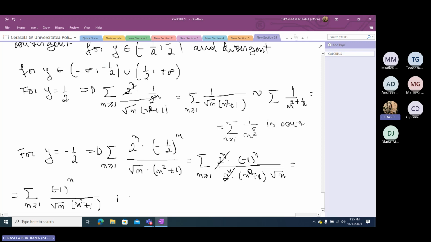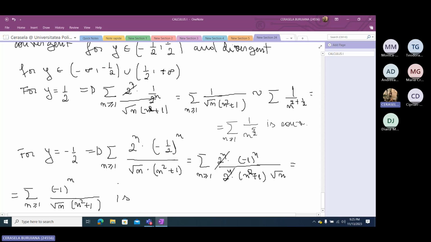In our case, I take a_n to be 1 over square root of n times n squared plus 1. It obviously verifies all the conditions of the Leibniz test. So the series is convergent in this case too. And I will write between parentheses which convergence test I use.